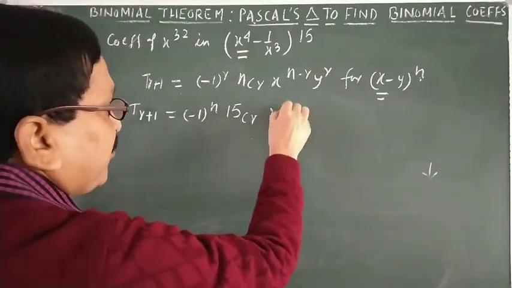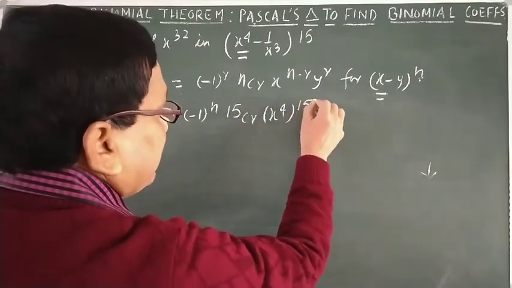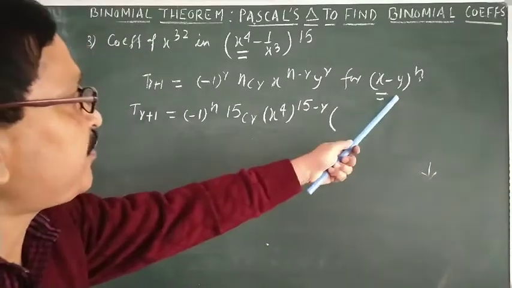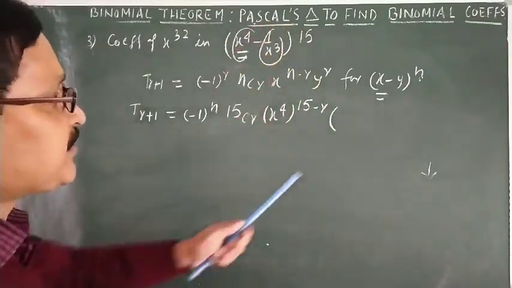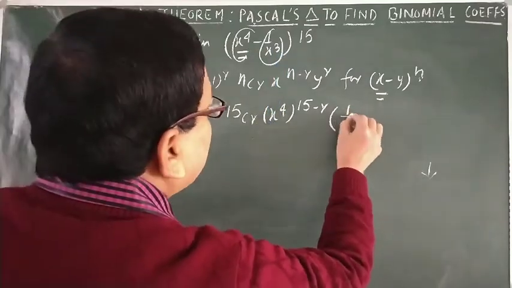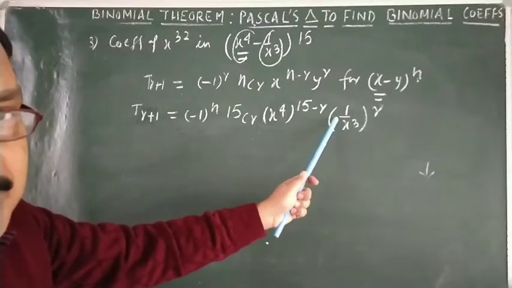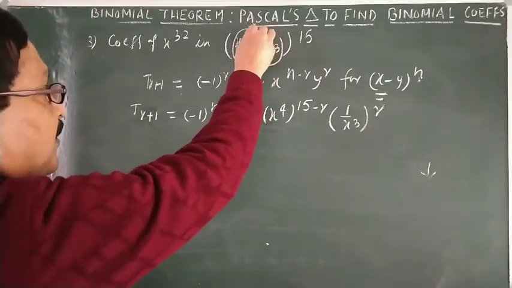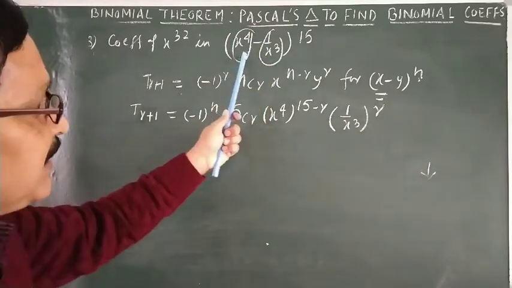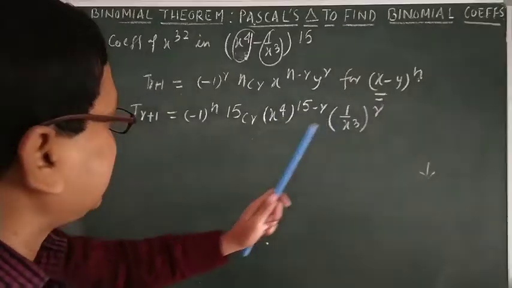So write x4 to the power 15 minus r, and in place of y, 1 by x cube to the power r. This is called x and this is called y. Minus is compensated already, so never take minus here.